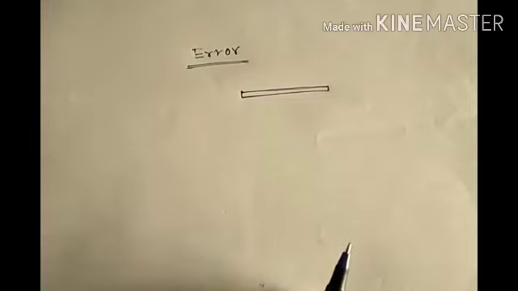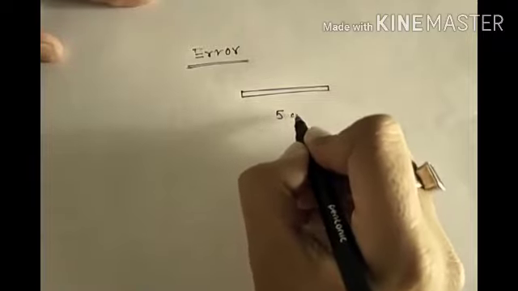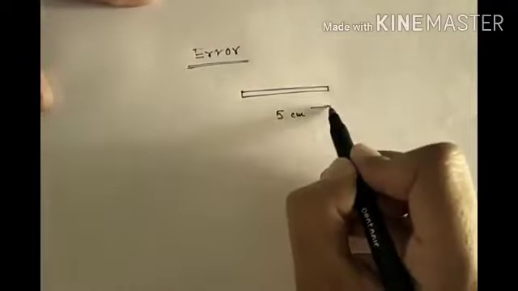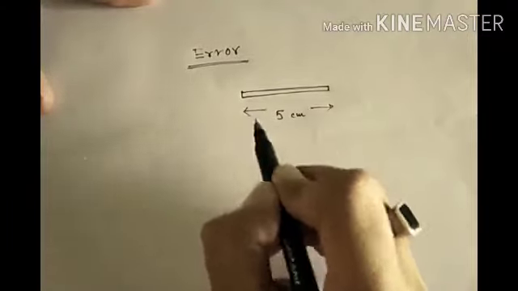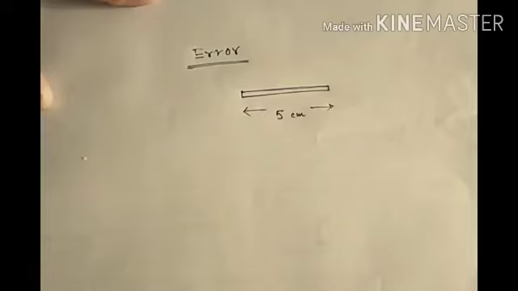Now, in the context of error, suppose the actual length, the true length of this object, is say 5 centimeter. Just roughly we are considering, let it be a pen or anything, let it be 5 centimeter. Now remember, this 5 centimeter is the actual length of this pen.